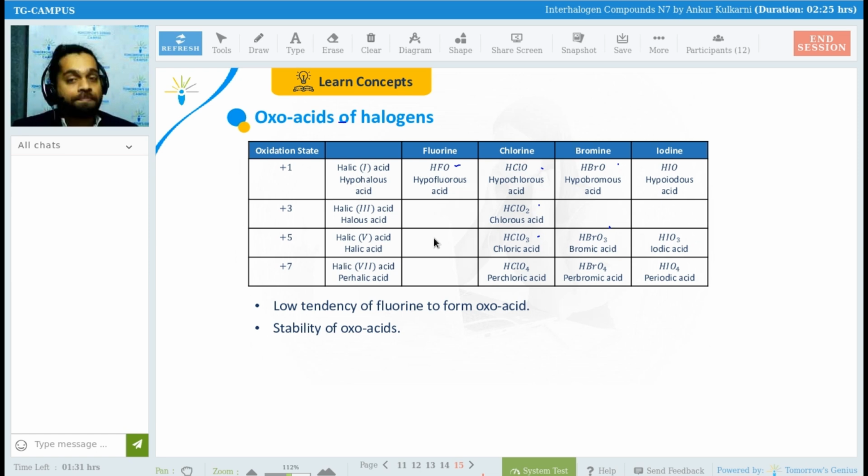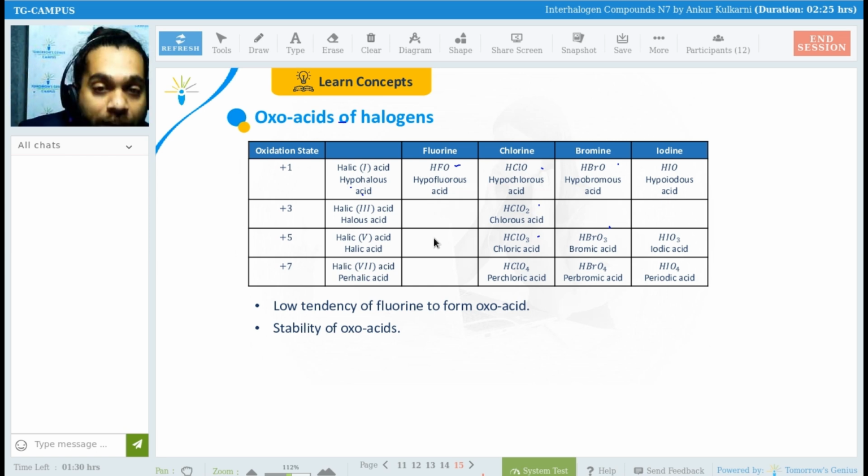Simple as that. If the oxidation state is +1, we call it hypohalous acid. Halous stands for halogen, so it will be fluorous, chlorous, bromous, and iodous.